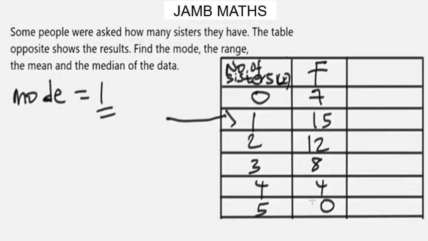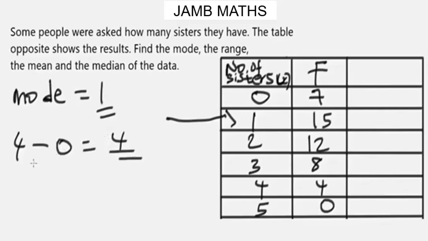That means the highest number of sisters is 4, minus 0, the least, which gives us 4. So that is the range for this frequency table.